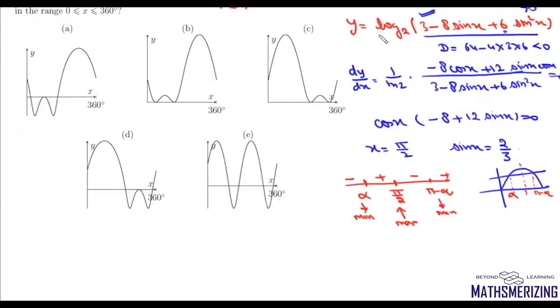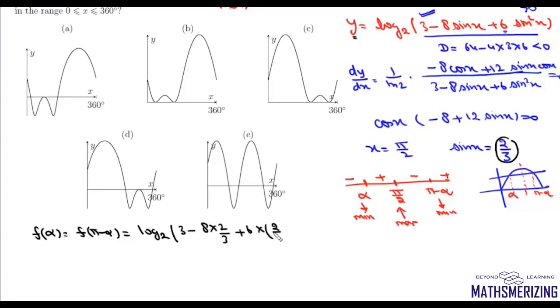Now for this function, we'll find values of y at few points. So we'll find this value at alpha and pi minus alpha. So f alpha will be same as f pi minus alpha, because for both of them value of sine is 2 by 3. So it will be this 3 minus 8 into 2 by 3 plus 6 into 2 by 3 square, which is log 1 by 3 to the base 2.